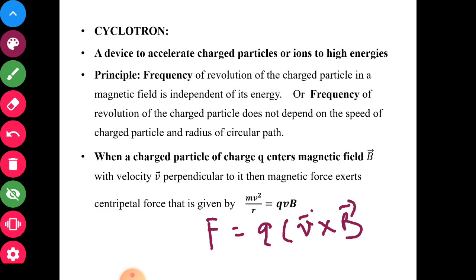Now see, this force is a vector quantity. Now v and B are perpendicular, so what will happen? F is equal to q v B sin 90, and sin 90 is 1.